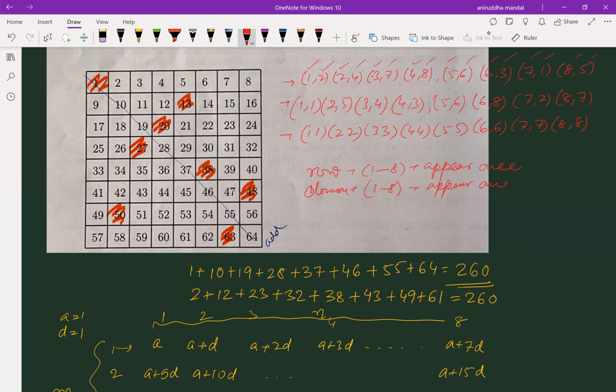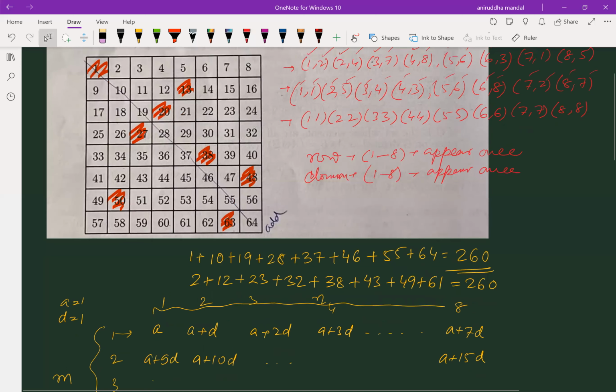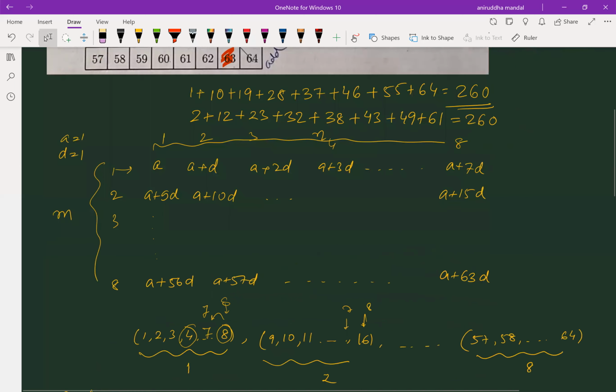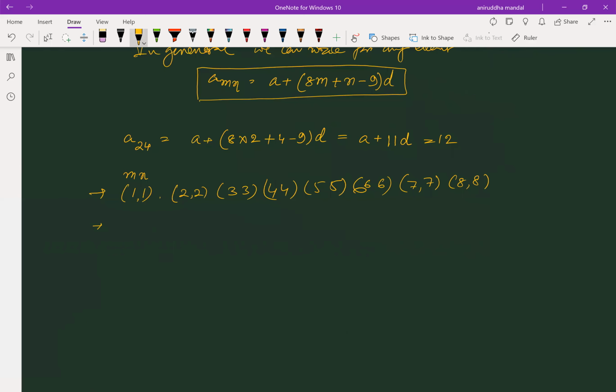Okay, you see next also 1 2 3 4 5 6 7 8, and column is 1, then 2, then 3 4 5 6 7 and 8. So for each of this type of combination, each row will appear once and each column will appear once.